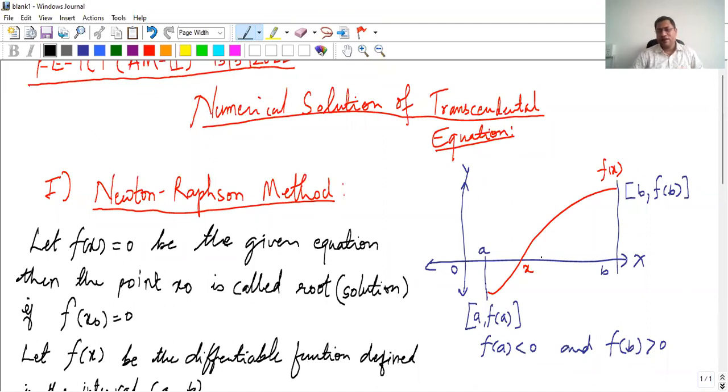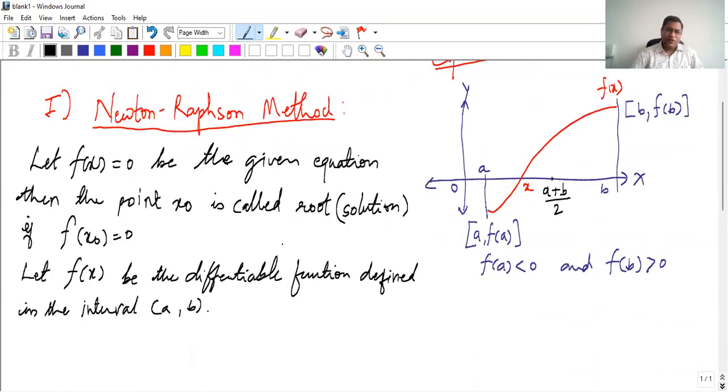But the better way to get a point closer than A and B is the average of A and B. The average of A and B will be somewhere here, right? So that will be a better one, and this point is going to be closer. This point is a plus b by 2, the average of a and b.